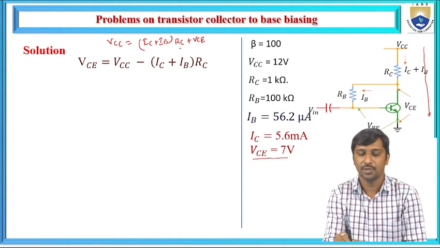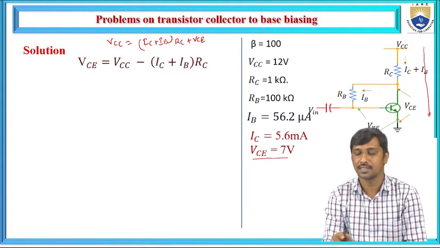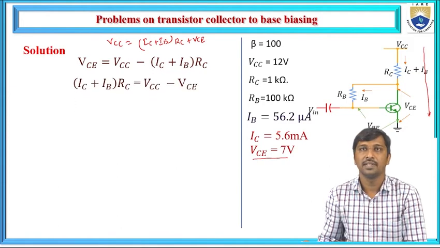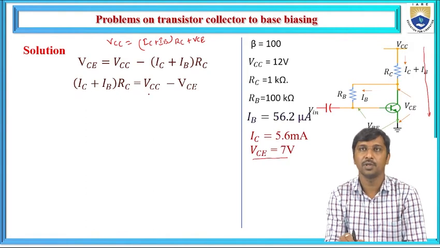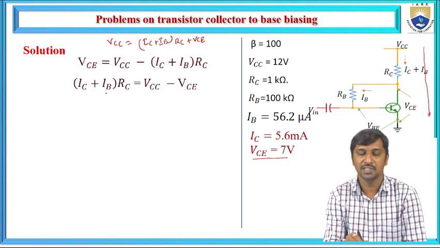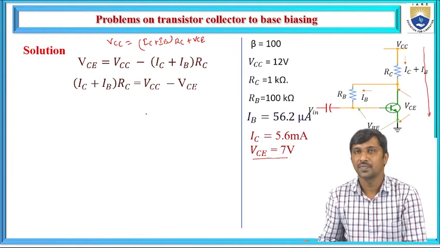So VCE is equal to VCC minus (IC plus IB) times RC, because they mentioned the VCE and the collector current is also there. So I am going to calculate (IC plus IB) times RC, that is equal to VCC minus VCE. And from this, first we need to calculate how much base current flows.